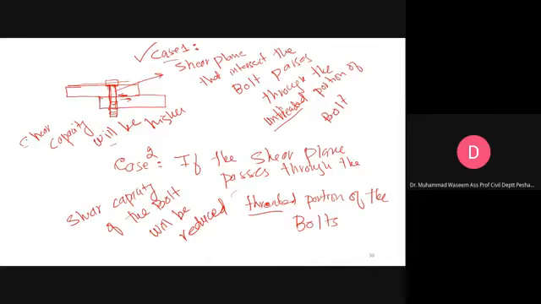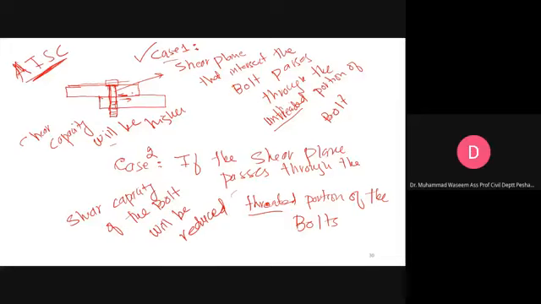And who says that if the shear plane passes through the body, the capacity is full, and if the shear plane passes through the threaded portion, the shear capacity will reduce? This specification, which is AISC, directs us.